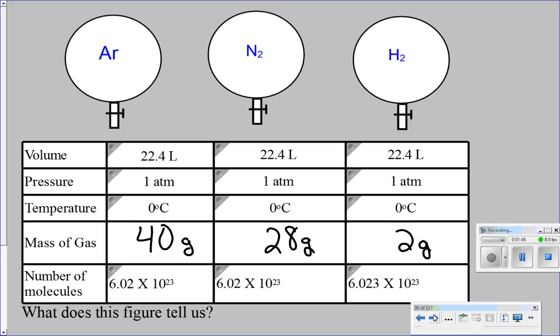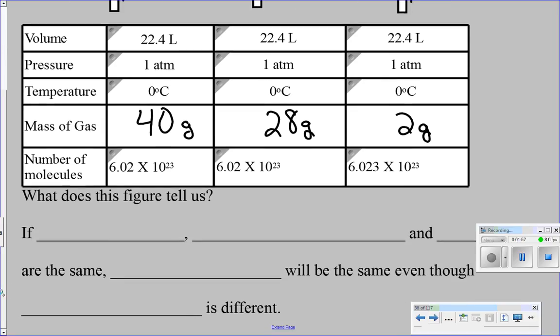So what's kind of strange about this, you're saying, okay, we've got the same conditions, same number of particles, but even though those particles are totally different sizes, they're occupying the same amount of space.